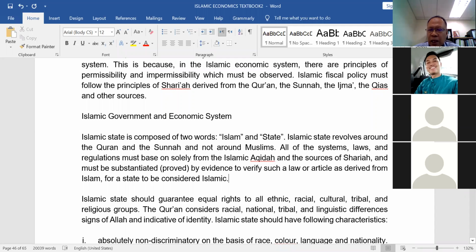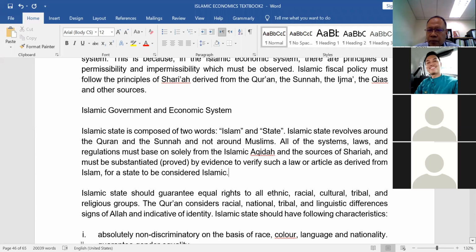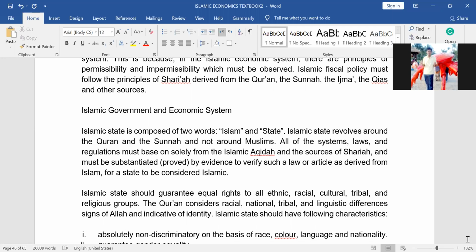Malaysia ni negara Islam ke tak? Islam. Okay. Untuk menentukan negara itu Islam atau tidak, bukan bergantung kepada sama ada pemimpinnya Islam atau tidak.